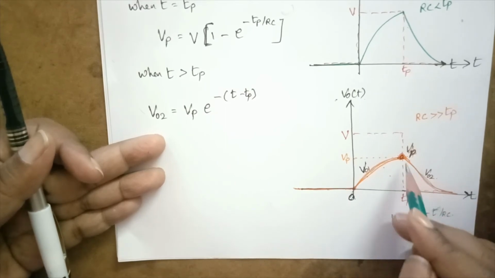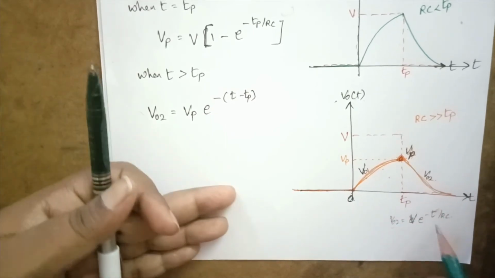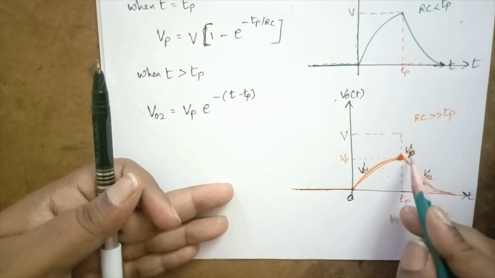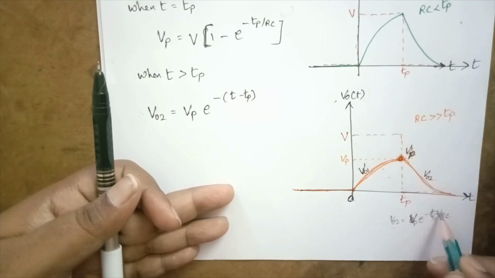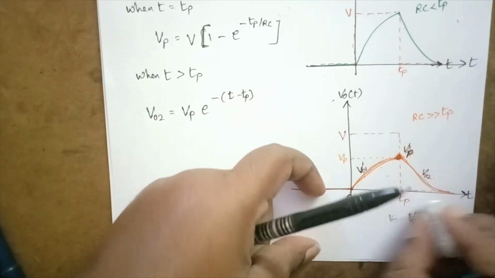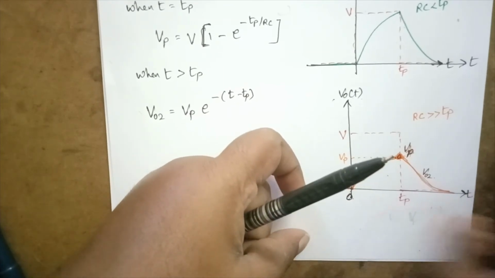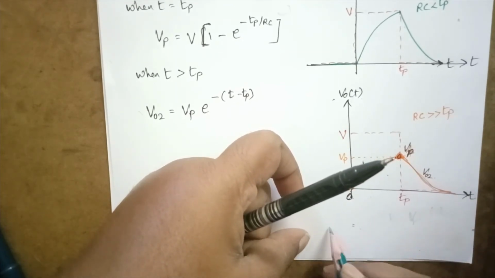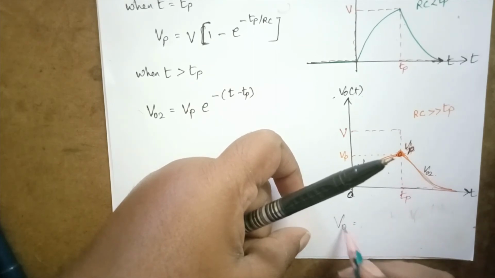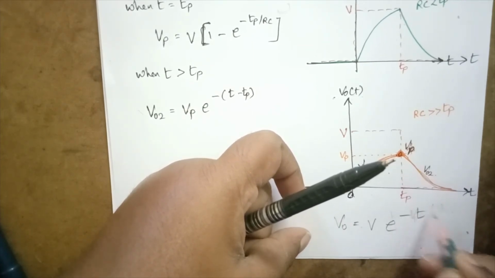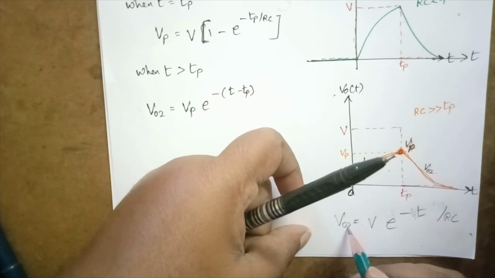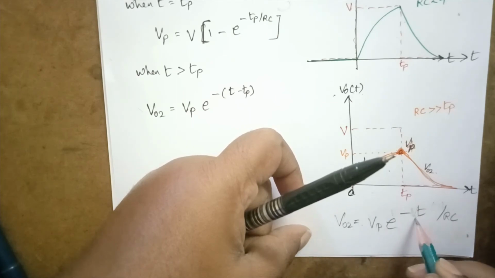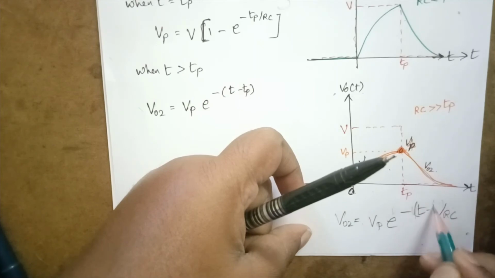But here V is the initial voltage, which is Vp, and since it is already at point Tp, we subtract Tp from t. So for V02 the initial voltage is Vp and the time starts from t minus Tp.